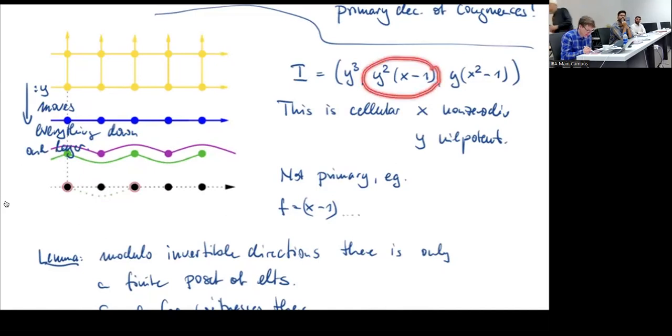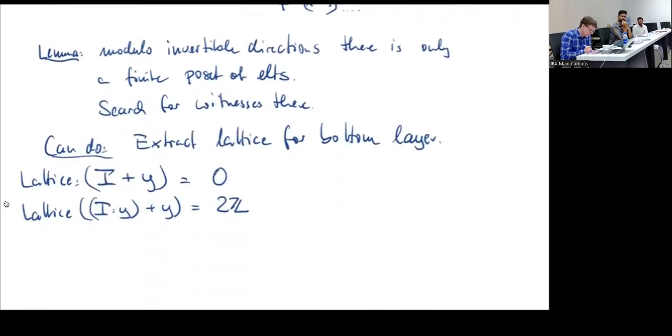Y squared times x minus 1, if I do colon y, becomes y times x minus 1. So this x minus 1 part, the blue part, is now at level y. And y times x squared minus 1 becomes just x squared minus 1, so that behavior is now at level 0. So I find this lattice 2z. And then I do it once more, and I find the lattice z.